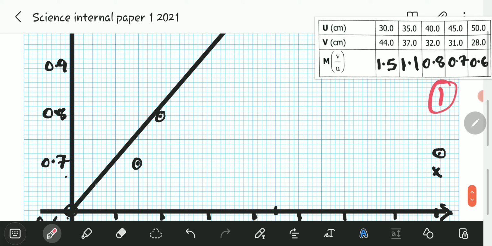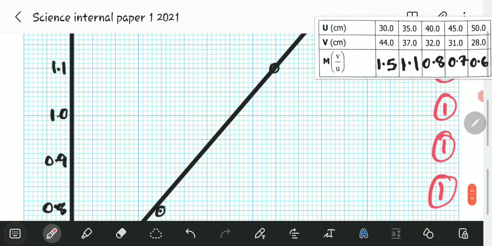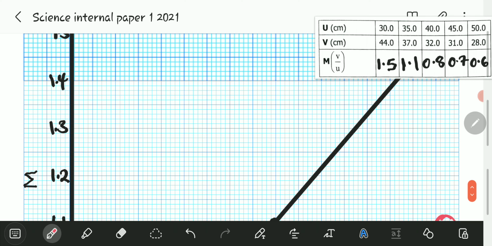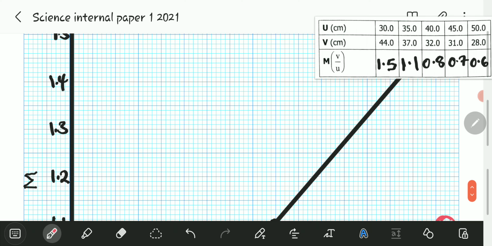We will pick on this particular point. This is the point we are going to use, and I will draw a dotted line like that. Then let's search for another point that we can pick, and I think we can also use this point.